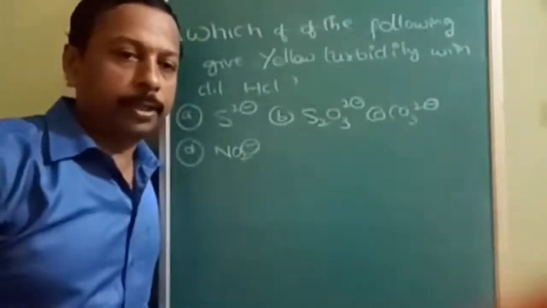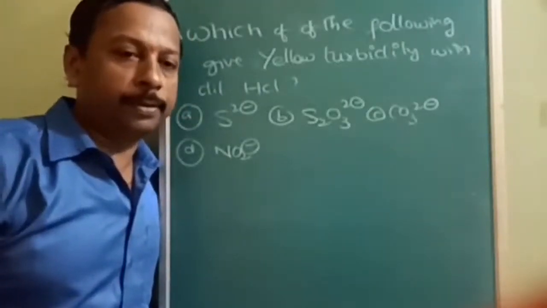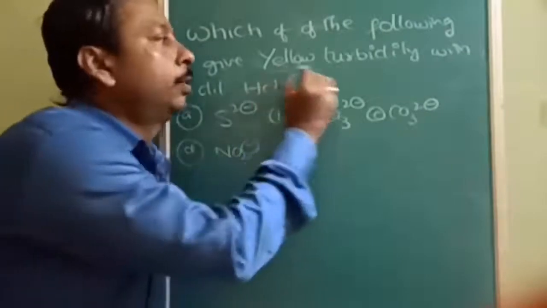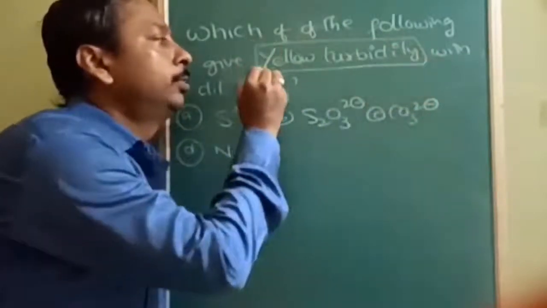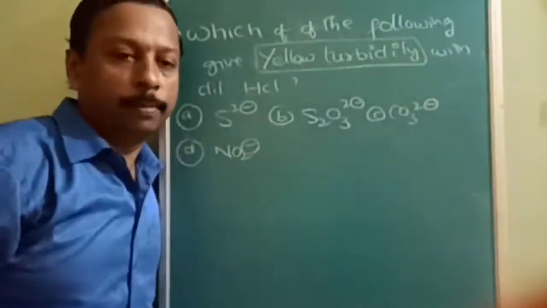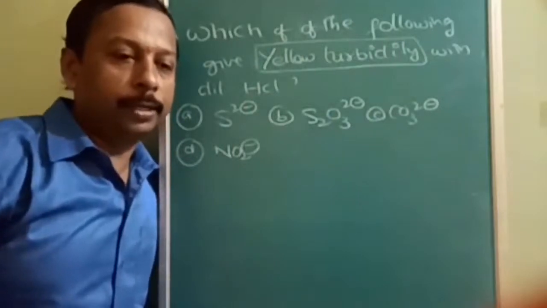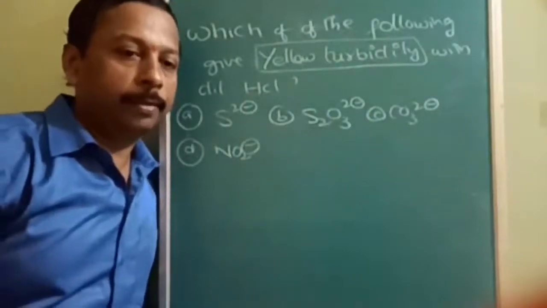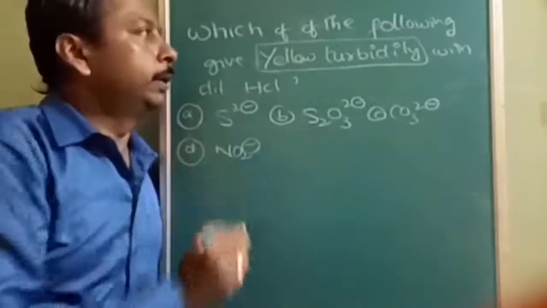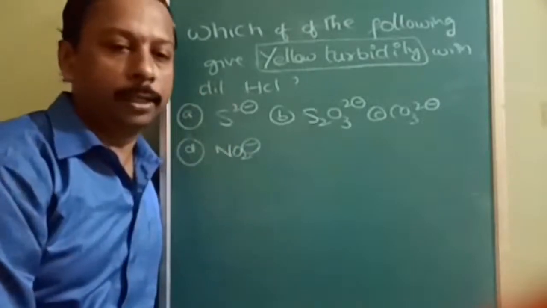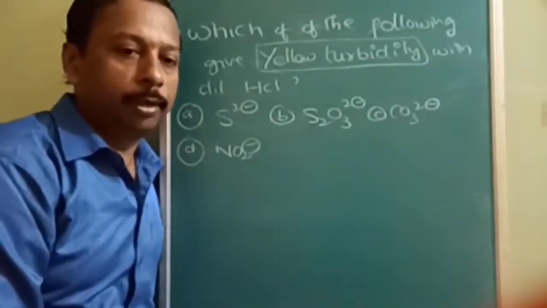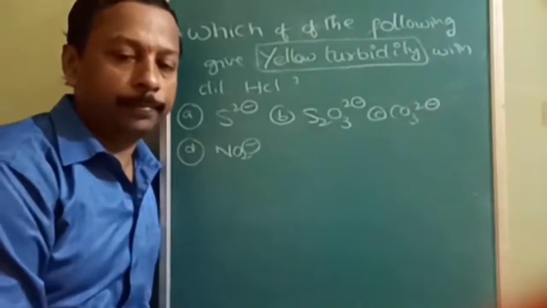Next question: which of the following gives yellow turbidity with dilute HCl? As soon as you hear yellow turbidity, one thing should strike your mind.